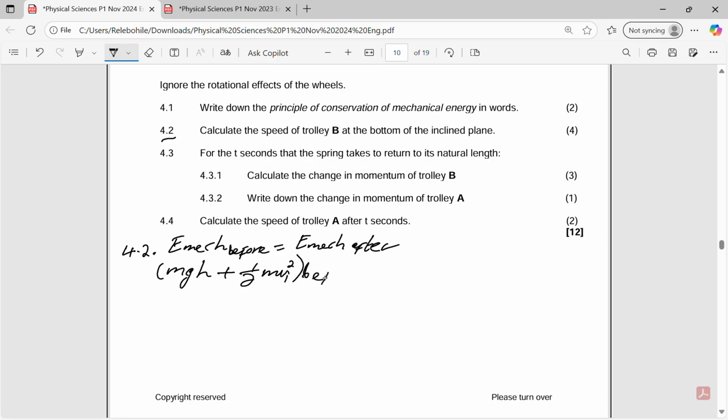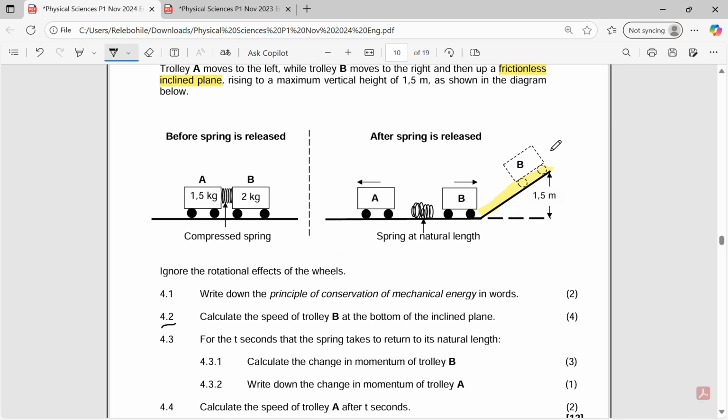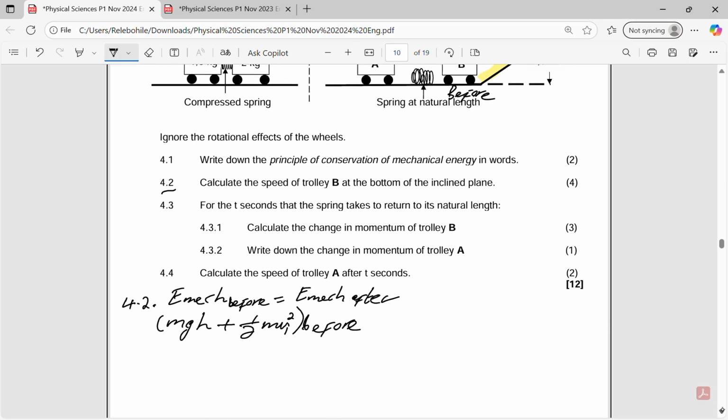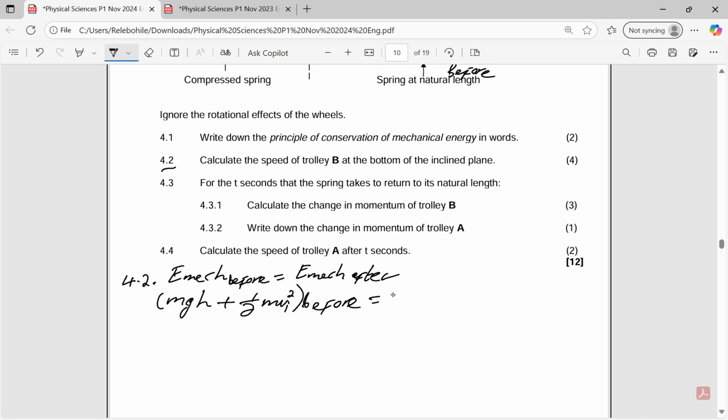Before is when my trolley is at the bottom. The before part is here when my trolley is at the bottom, and the after part is when my trolley is at the top. Then we say equal to, same thing this side, mgh plus half mv squared, but this will be my final velocity when my trolley reaches the top.